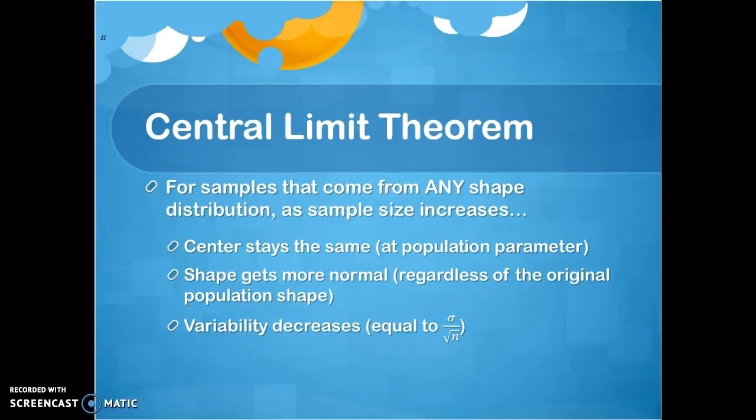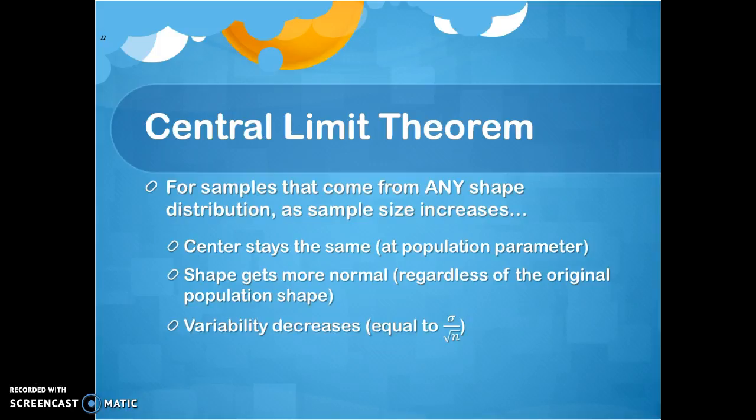And as we'll see with some pictures in a moment, sample size changes some of the characteristics of our sampling distribution, our distribution showing sampling variability of repeated sampling from the population. So if we increase our sample size, some things happen. Well, the center of our sampling distribution stays the same. So we're still centered on the population parameter.